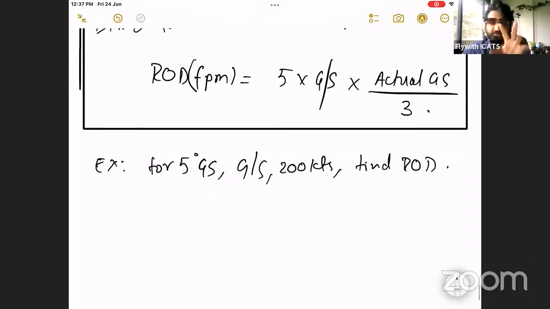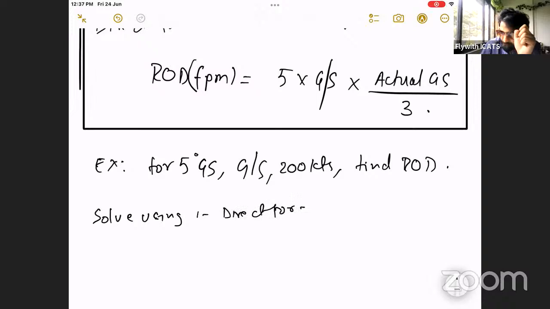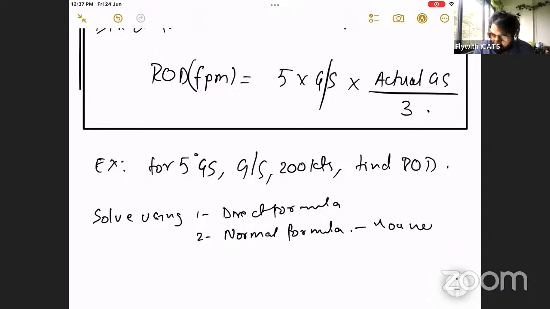I want you to solve this using both formulas. So solve using first the direct formula, second the normal formula. The problem is in the normal formula you need range. So the range you'll have to find out with the ground speed divided by 60. But in the direct formula you don't need range.